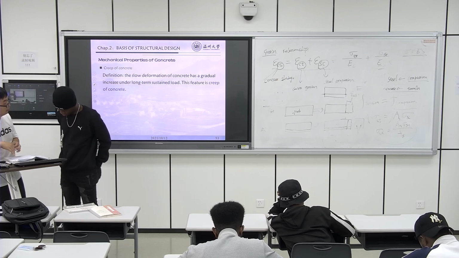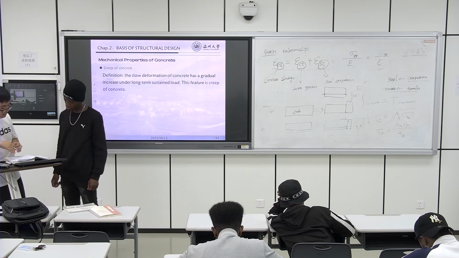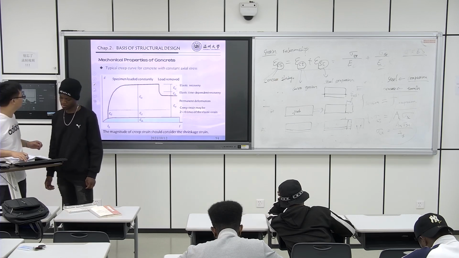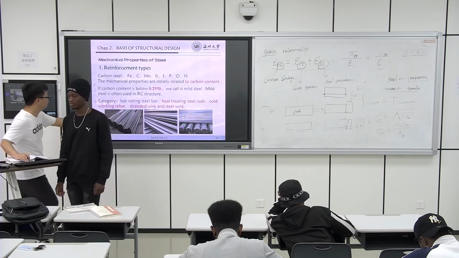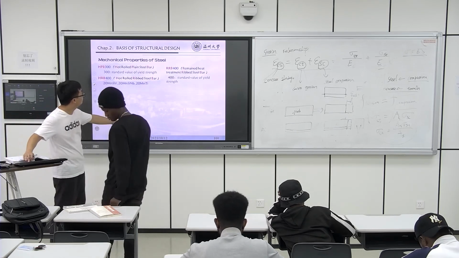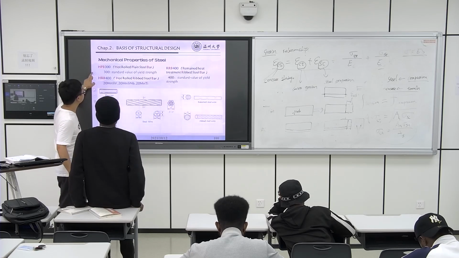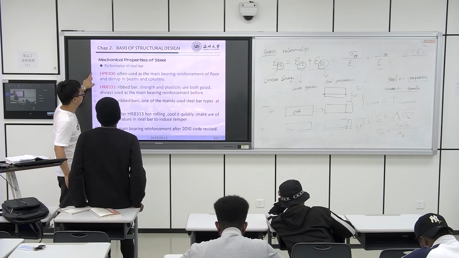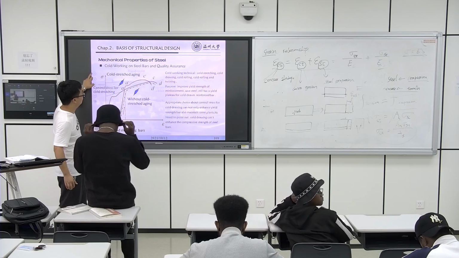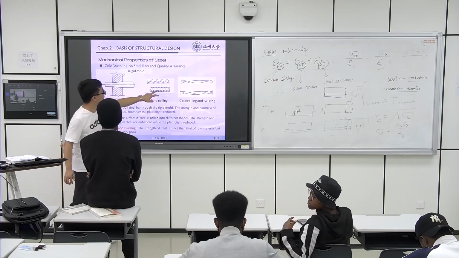This one you can understand, right? You can look here. The steel bars will look like this, and the concrete, they have a bond together.